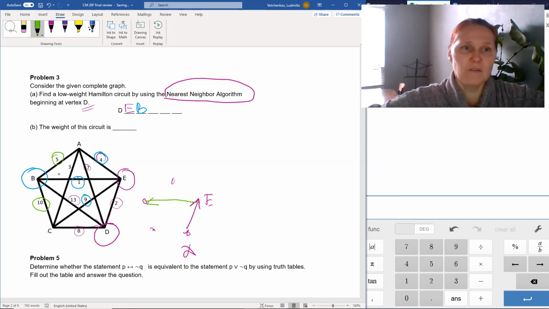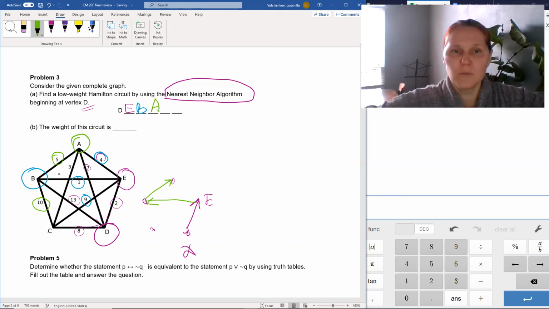Okay, 5 is the lowest number, so from B we go to A. And actually from A, there is only one way how we can finish this circuit. Go to C and return to D. Last vertex is also always the same as the first.